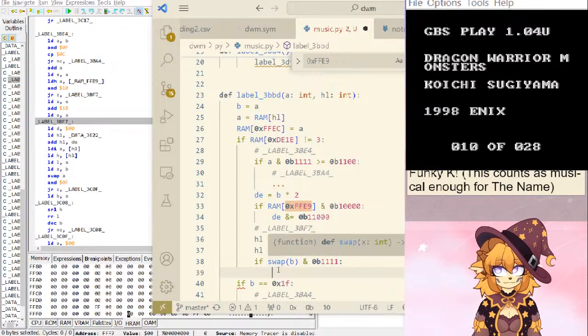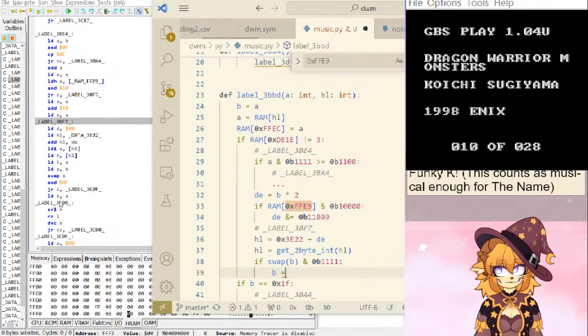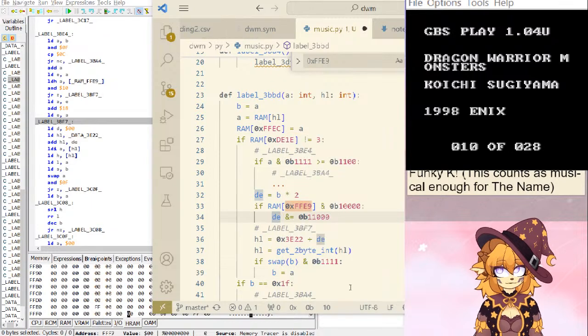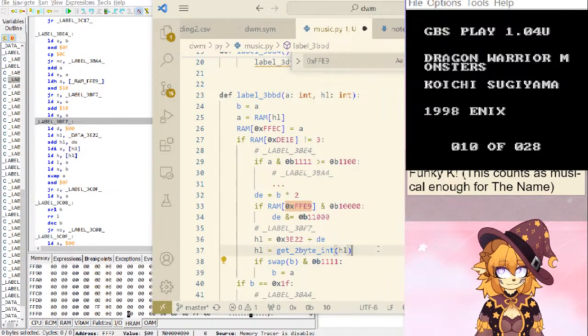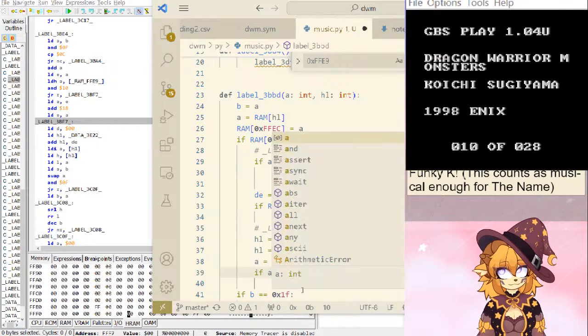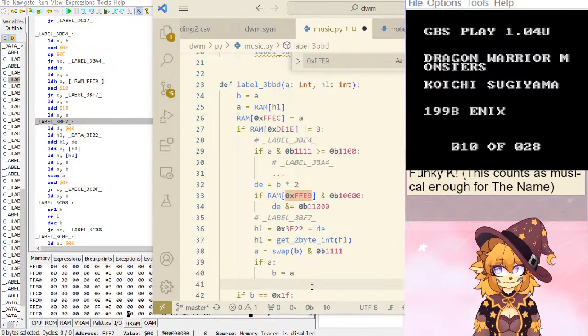If it is non-zero, then it sets B to A. Oh, which is the value. So we'll go ahead and put that, like that. Okay.